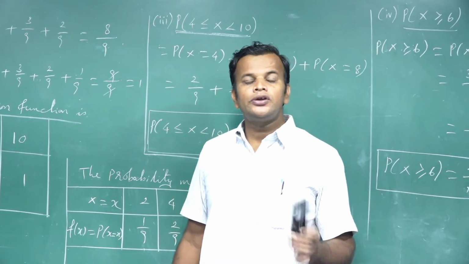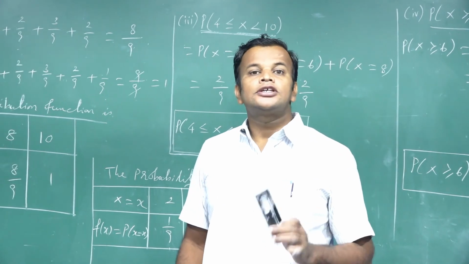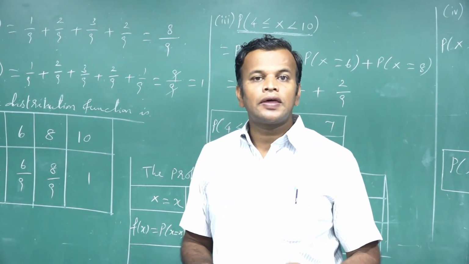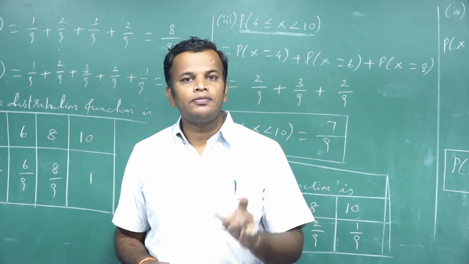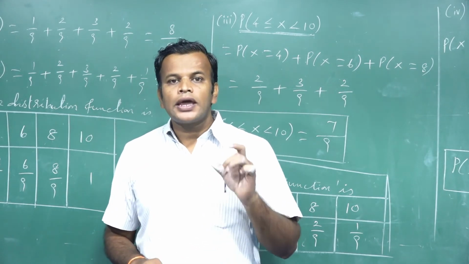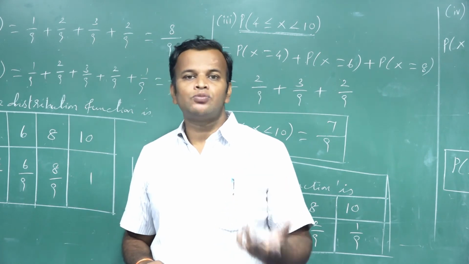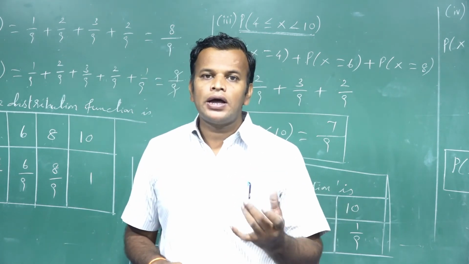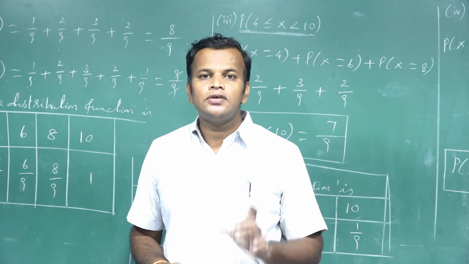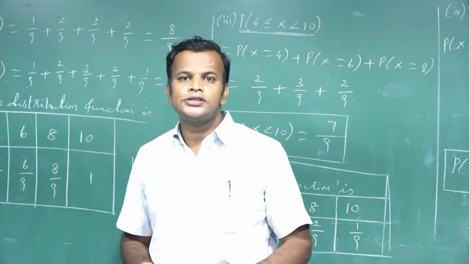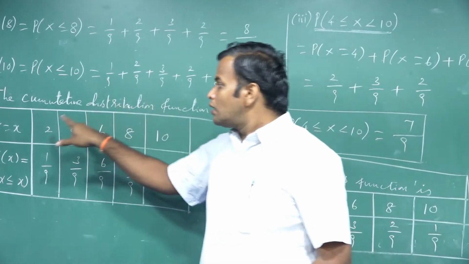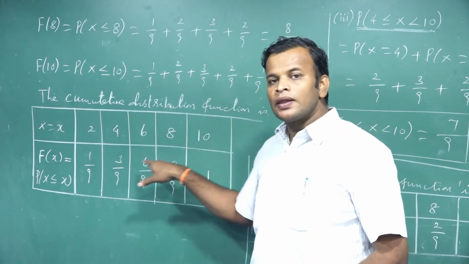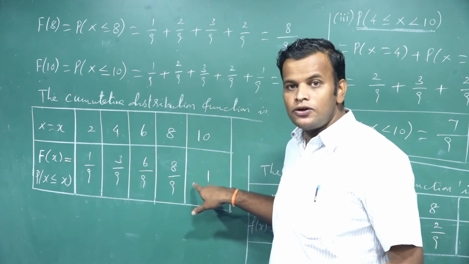Next, to find the cumulative distribution function, the symbol is capital F of x, and the formula is capital F of x equal to P of capital X less than or equal to small x. Then find the value of capital F for each and every value of the random variable. Next we form a table of the cumulative distribution function: first the random variable values, next the cumulative distribution values.